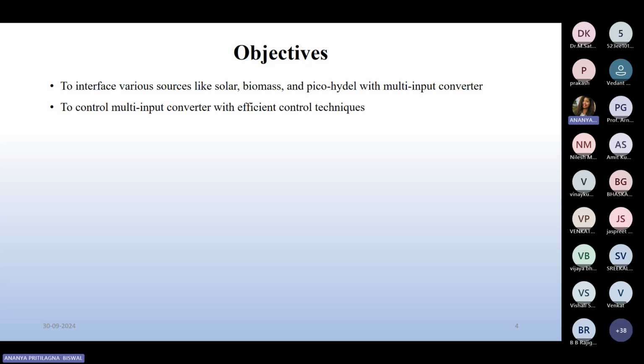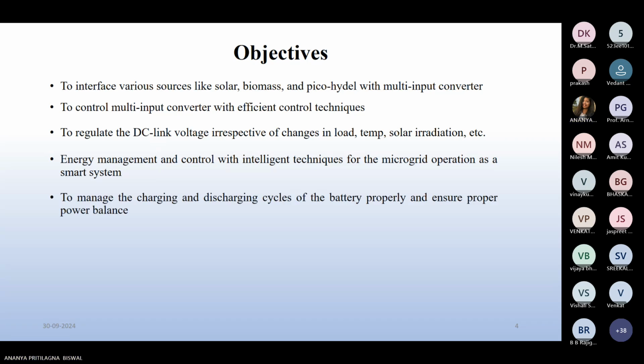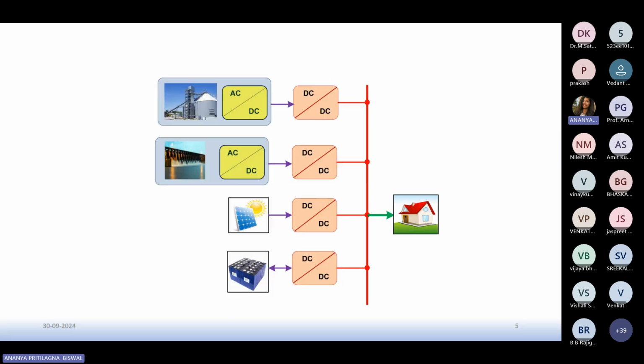To control it with efficient control techniques, the DC link voltage should be regulated irrespective of any load variation, temperature variation, or the variation in solar irradiation. Energy management with various intelligent control techniques to operate it as a smart system. Managing the charging and discharging cycles of the battery and ensuring proper power balance.